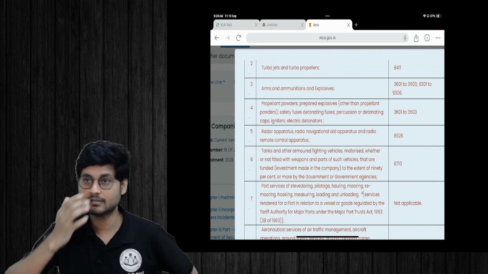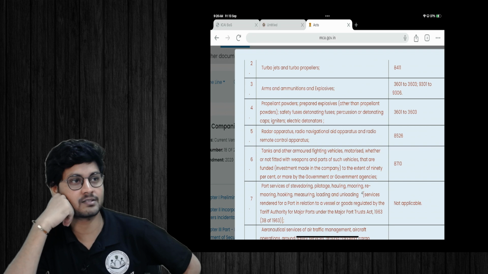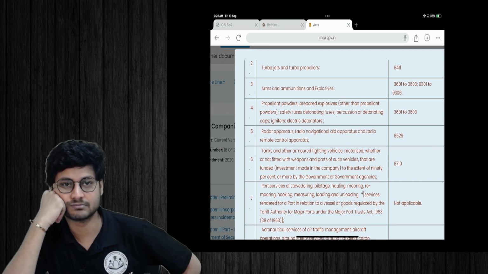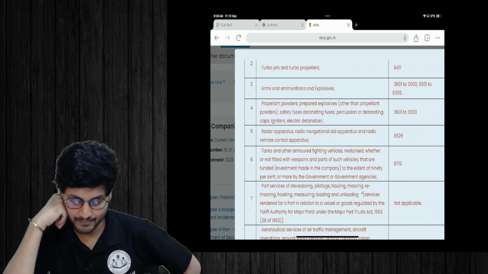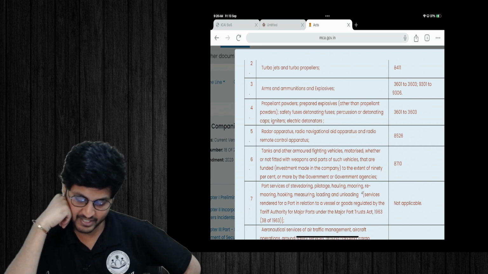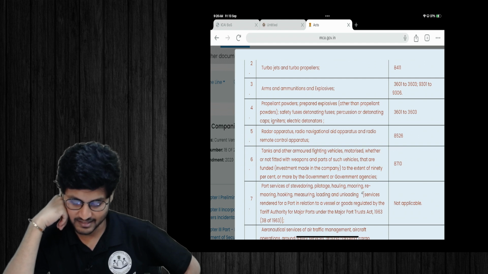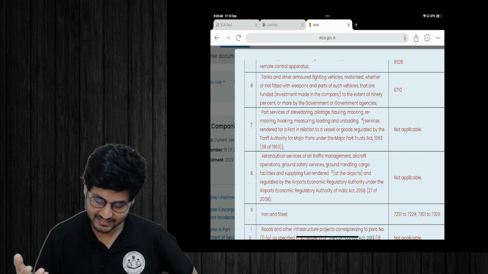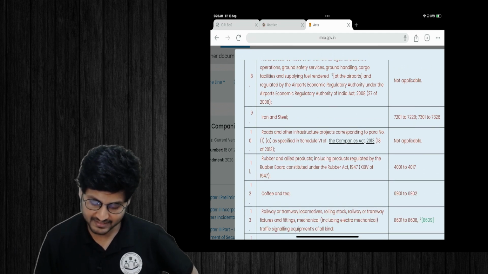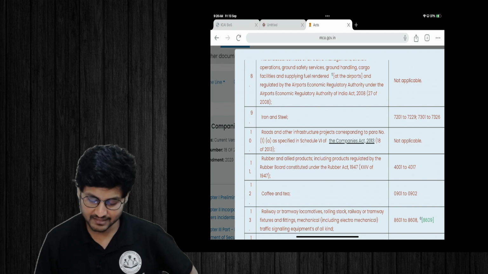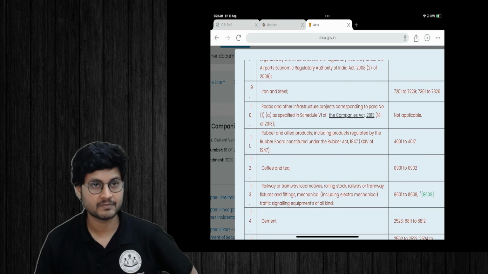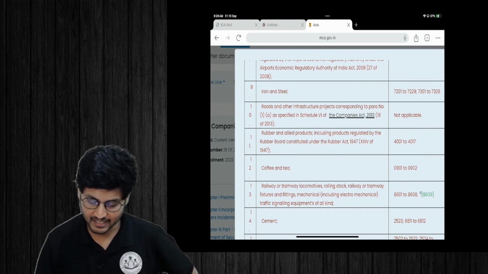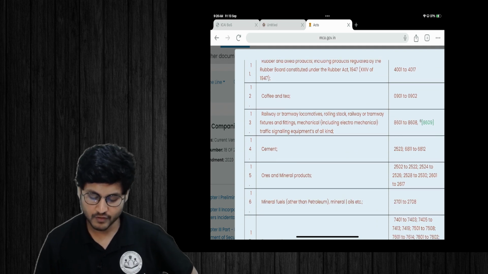All these are destructive items, defense items. Radar apparatus, radio navigational aid apparatus, tanks and other armored fighting vehicles, motorized. Transport services, aeronautical services, iron and steel, roads and infrastructure, rubber and allied products, coffee and tea.